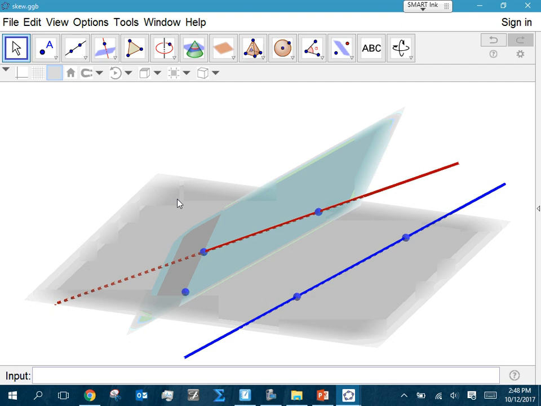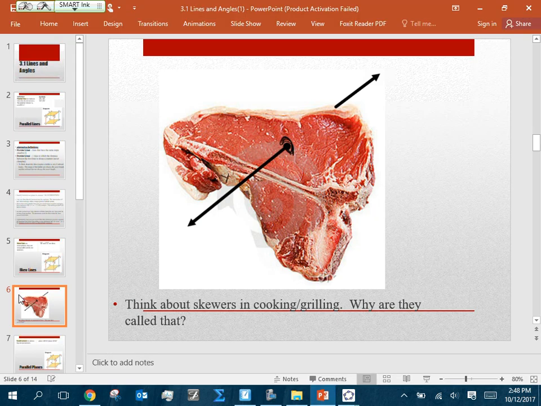A way I always help myself remember comes from barbecuing. When you barbecue shish kebabs, what's the rod you put through them? Skewers. The logic behind the name is that you're skewing the plane of that object, whether it's the vegetable or the meat. So here's my steak, which is a plane.